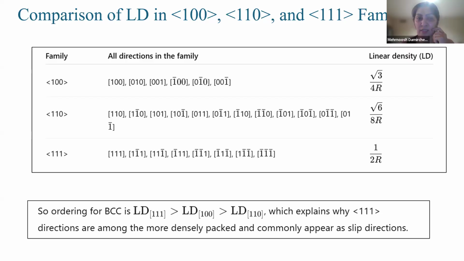If you compare the linear density, the most compact is <1, 1, 1>, after that <1, 0, 0>, and after that, the minimum linear density is along the diagonals of different faces, which explains that the family <1, 1, 1> directions are among the most densely packed and commonly appear as slip directions. So it has the most potential that slip occurs in those directions.